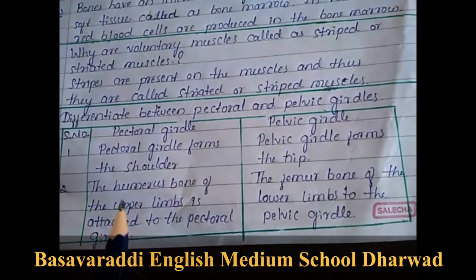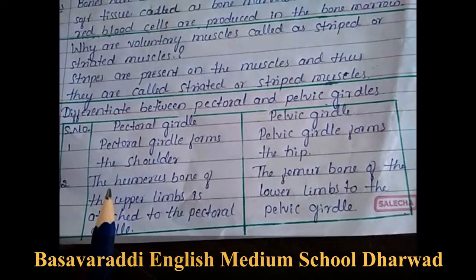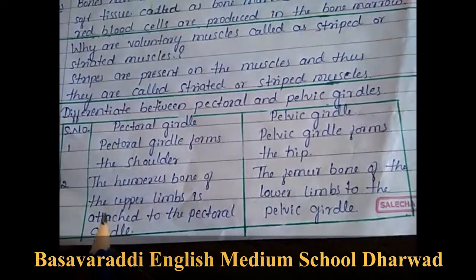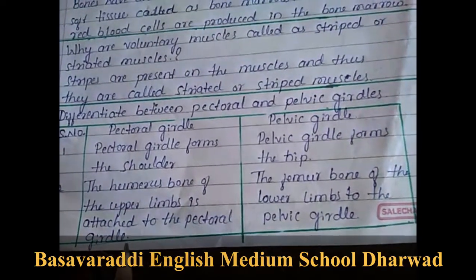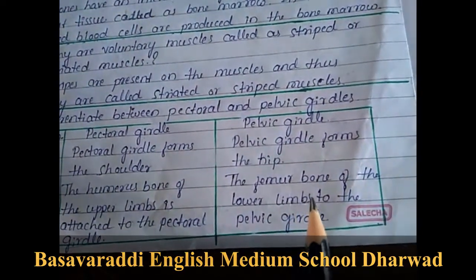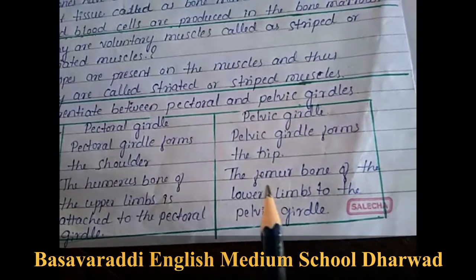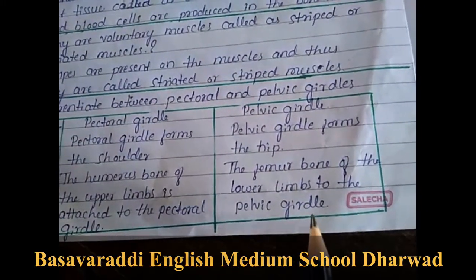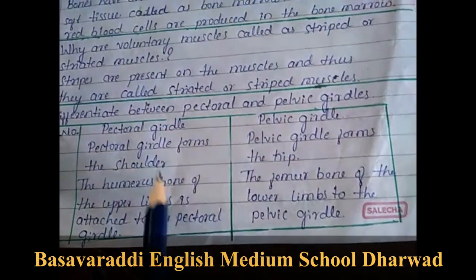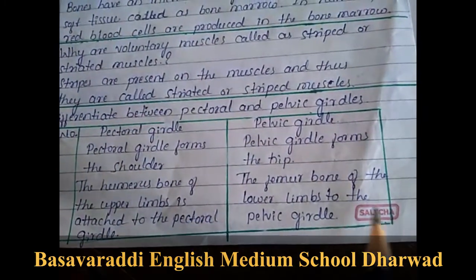The second difference, in the pectoral girdle, the humerus bone of the upper limbs is attached to the pectoral girdle. In the pelvic girdle, the femur bone of the lower limbs is attached to the pelvic girdle. Okay, these are the differences between pectoral and pelvic girdles.